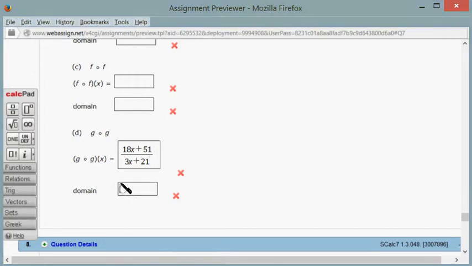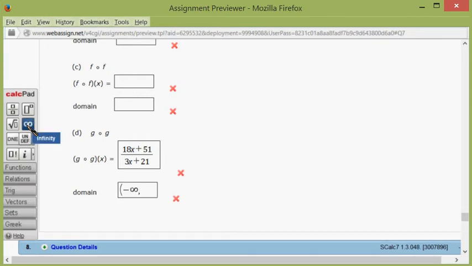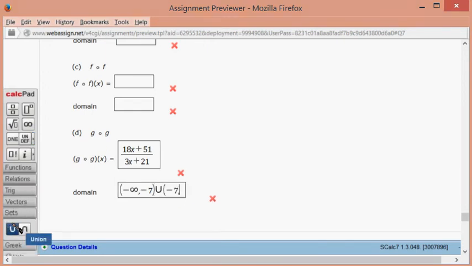Then the domain is negative infinity to negative 7, skip that, so it's negative 7 to negative 2, skip that, and negative 2 to positive infinity. Alright, so that's the domain.